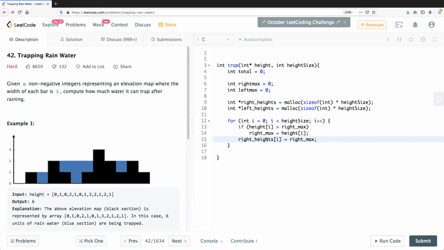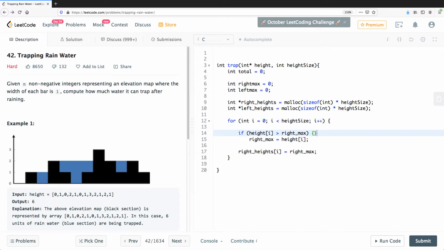Now keep track of one thing, that this is not part of that if. So please don't confuse and make that mistake. Some people always use braces, whether you have one statement or multiple statements. So that's our right height.